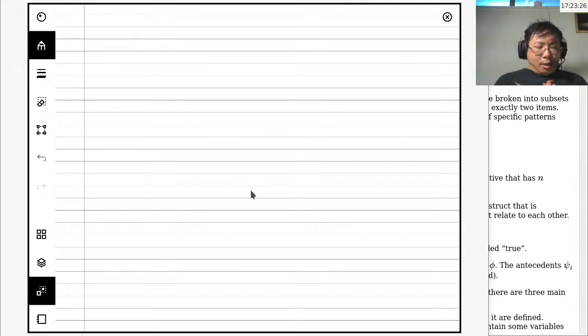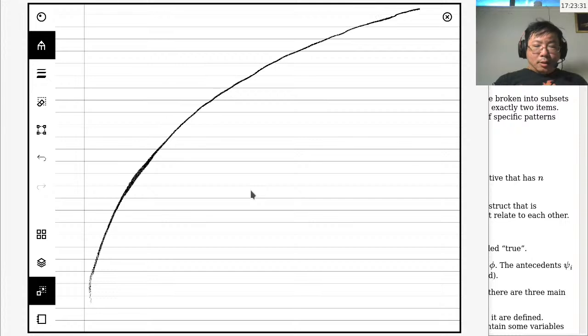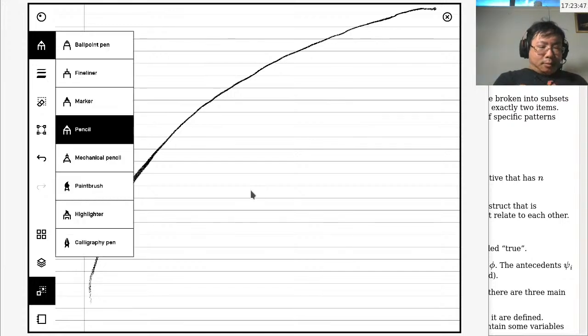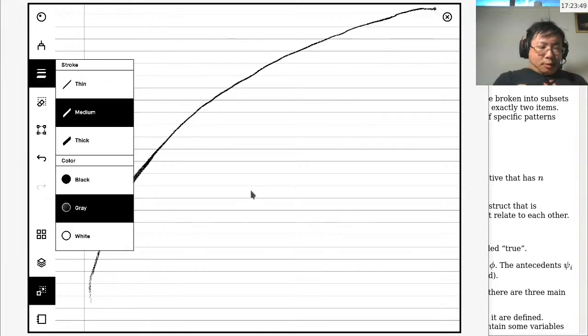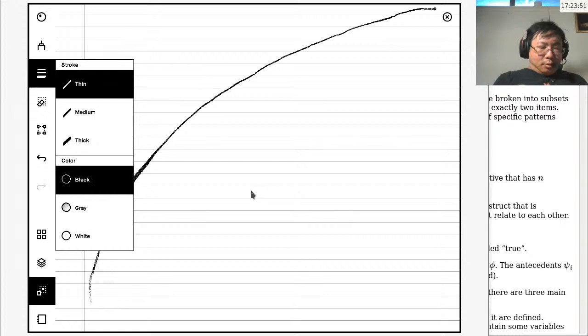I'm going to use this as the boundary of the set of all well-formed formulae. And somebody is already saying, but it's infinitely large. Well, that's why I'm not showing you the entire thing. So what's in here? I'm going to show you what is in here.